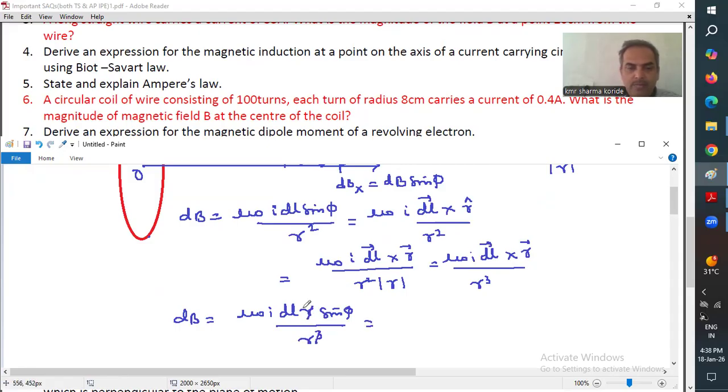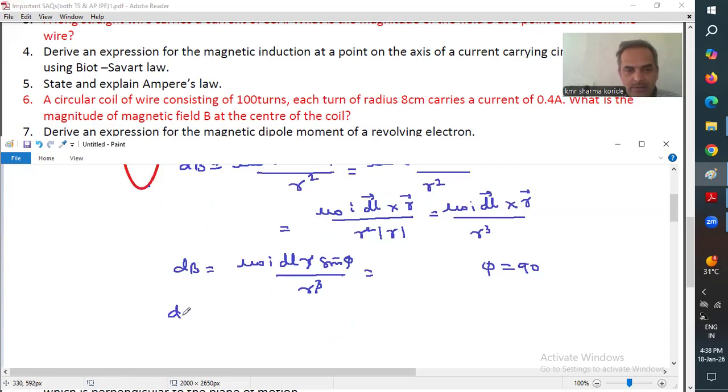Therefore, if the angle between the position vector and the element is 90 degrees, you can write dB as mu naught I dl divided by r square. This is equation 1.